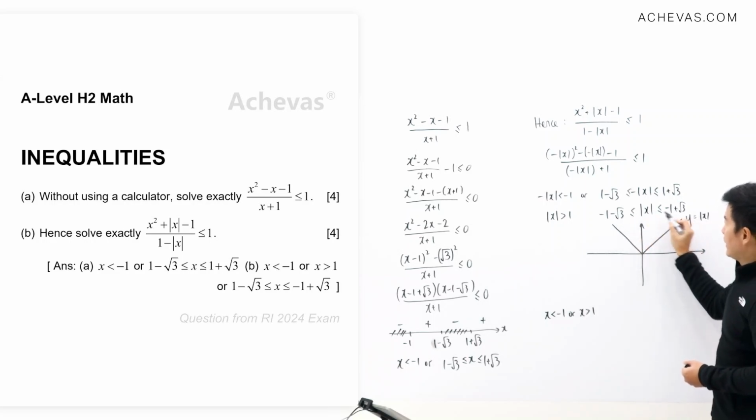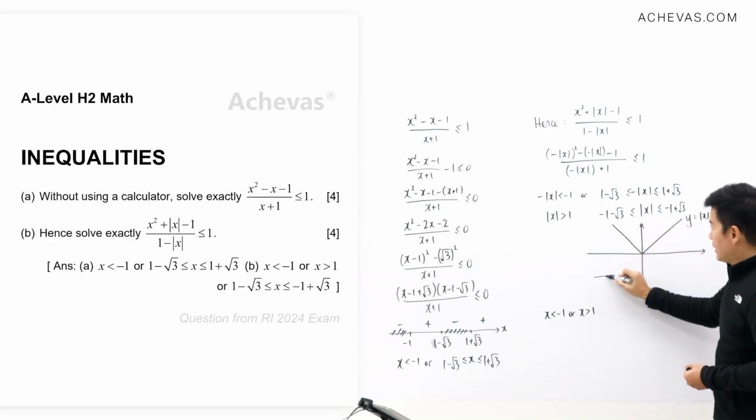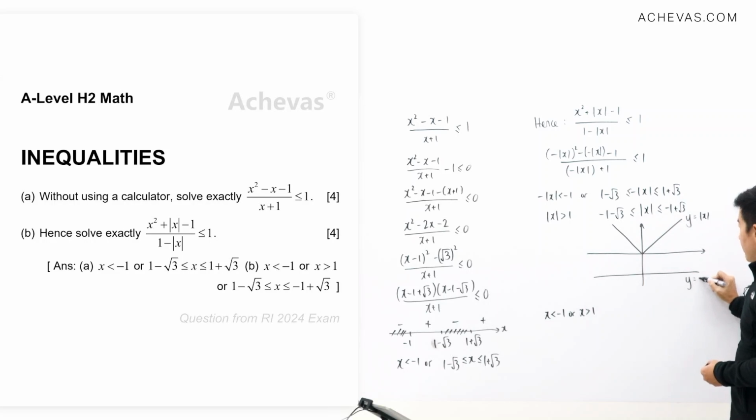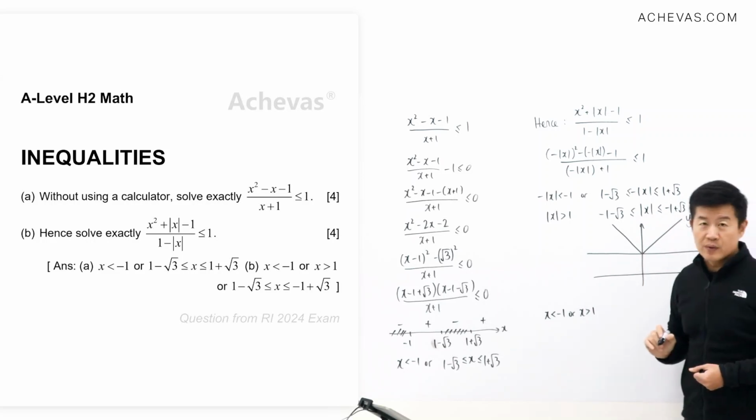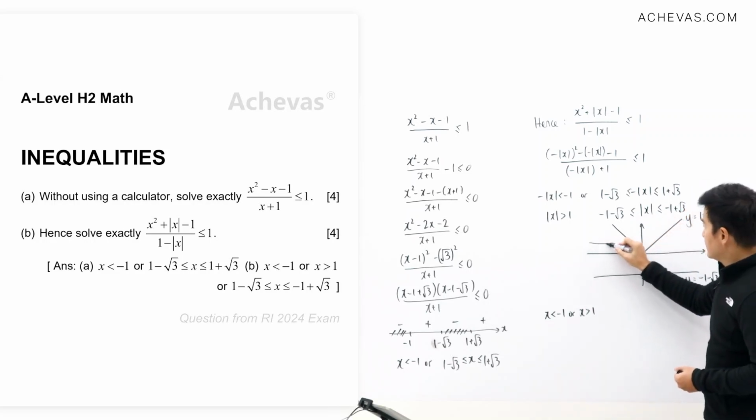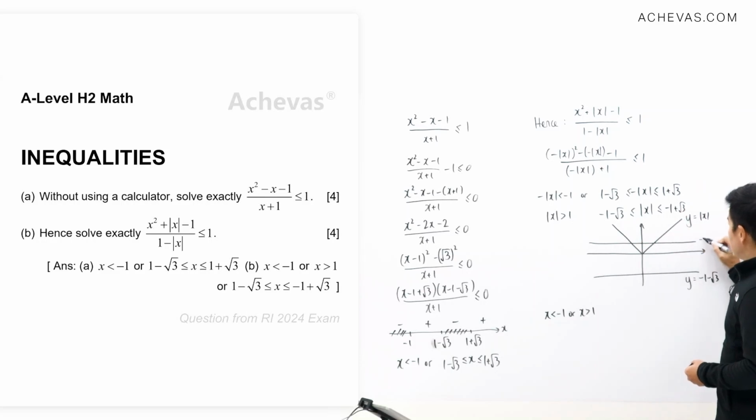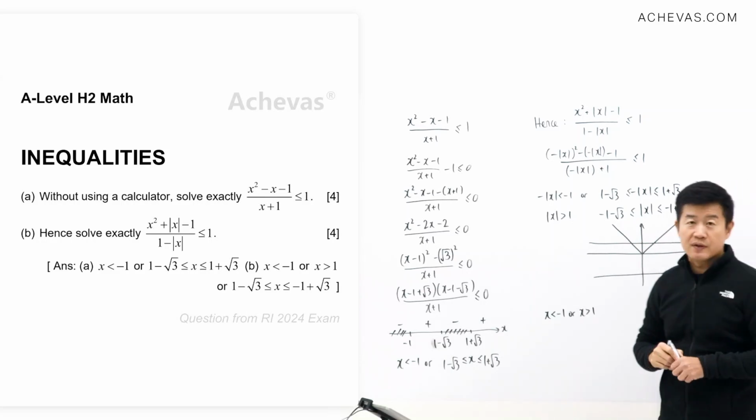I'll need two other y values. One will be y is equal to minus 1 minus square root of 3. The other one will be somewhere here, y is equal to minus 1 plus square root of 3. Okay, it is a positive value.